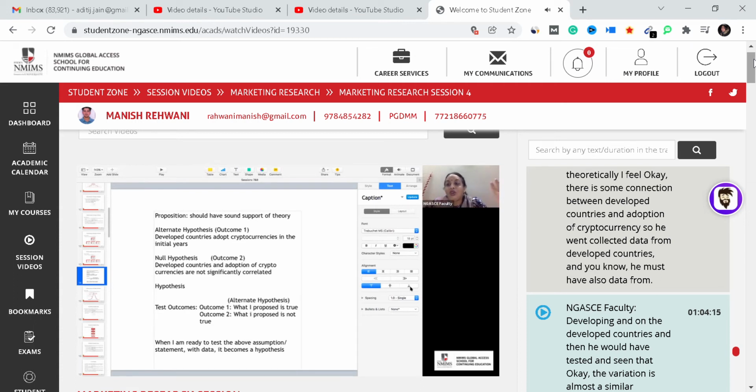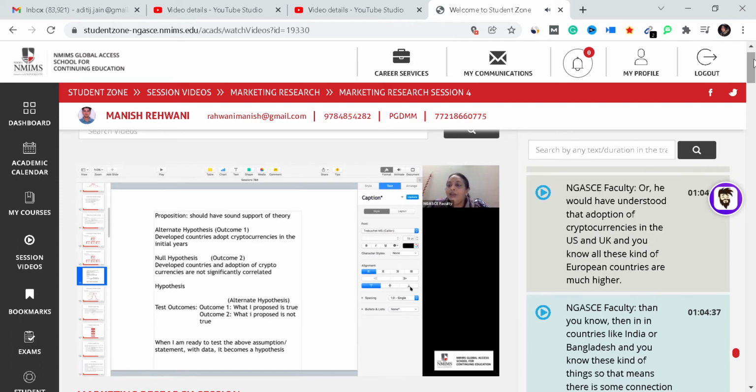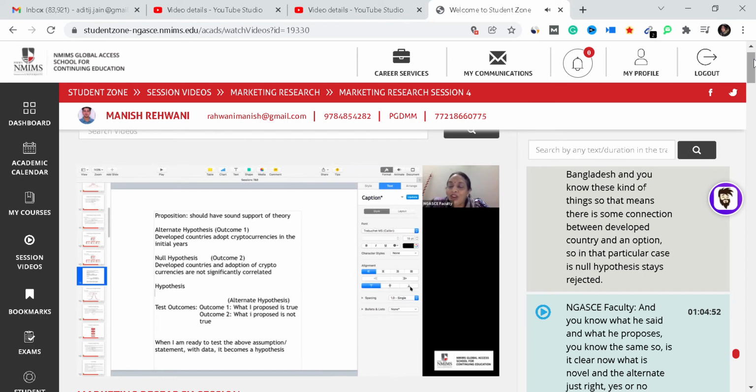So his alternate hypothesis would have got rejected. Or he would have understood that adoption of cryptocurrencies in the US, UK and other European countries is much higher than in countries like India or Bangladesh. So that means there is some connection between developed country and adoption. So in that case, his null hypothesis stays rejected. And what he said and what he proposed is the same.